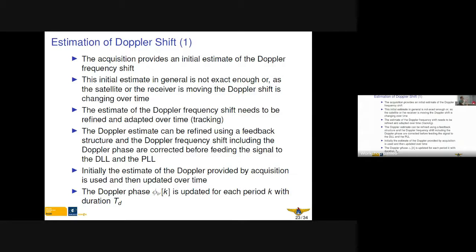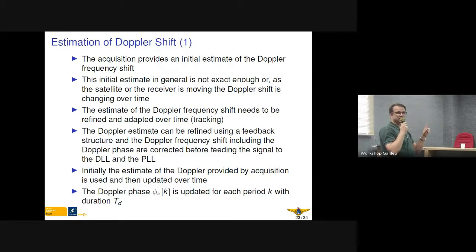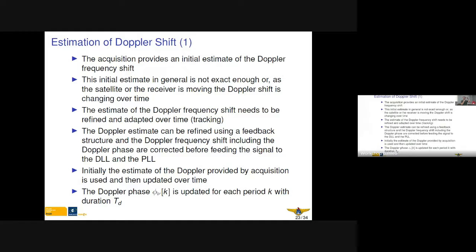We need to feed back at minimum the Doppler frequency and the phase of the Doppler frequency in the considered time interval, in order to correct this Doppler frequency by means of our reference signal, in order to maximize cross correlation. That's important. For the DLL, we have to maximize cross correlation, so the DLL is dependent on the update of the Doppler frequency shift.